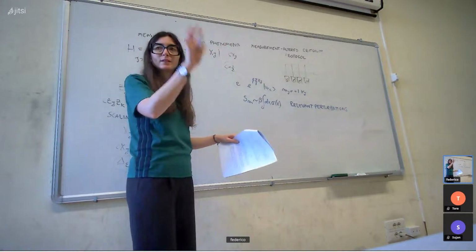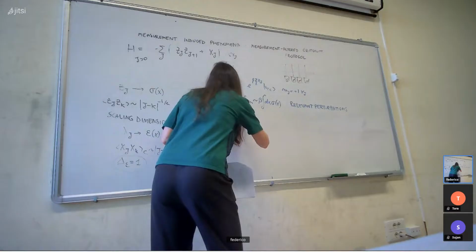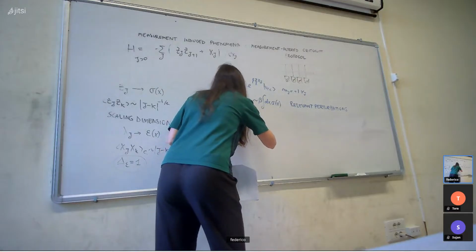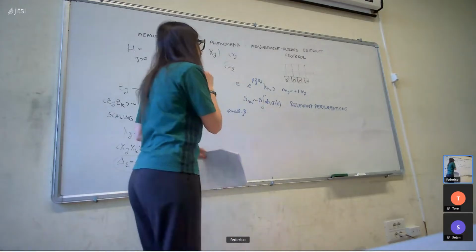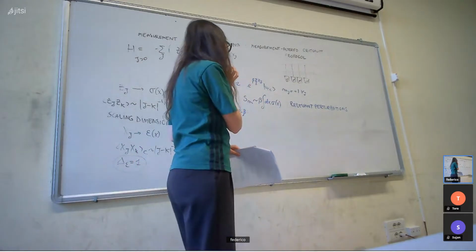First, small beta. Basically, what this perturbation does is the following.